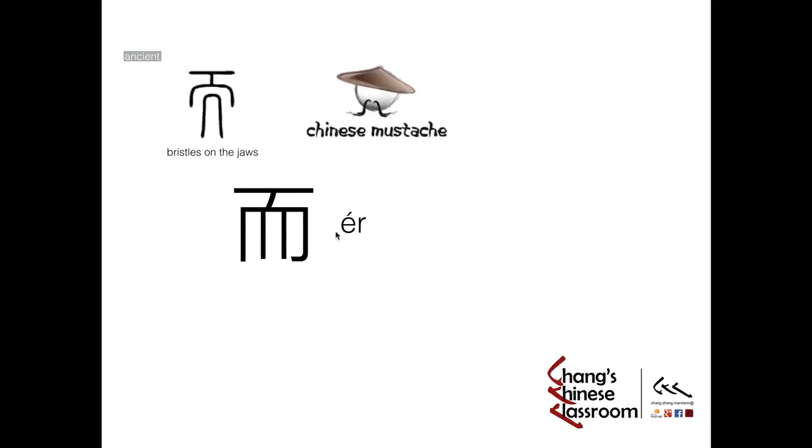So don't forget, this is the mustache, and these two vertical lines represent the mustache under the lips, and these two strokes represent the bristles on the jaw. Overall four vertical lines, don't forget. And the meaning, I have no idea how, it means and or however.